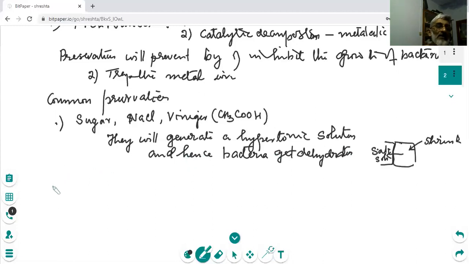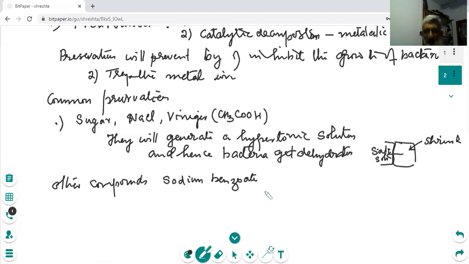So then other compounds are sodium benzoate. This is very common, which is used in many of the food materials. Sodium benzoate. You can get it in shops. If you want to do some cookery job, like making some jam or jelly, something like that.